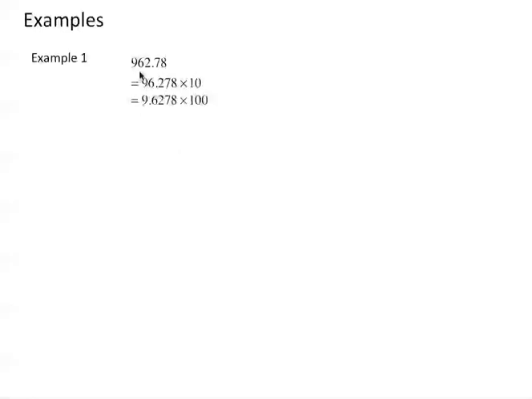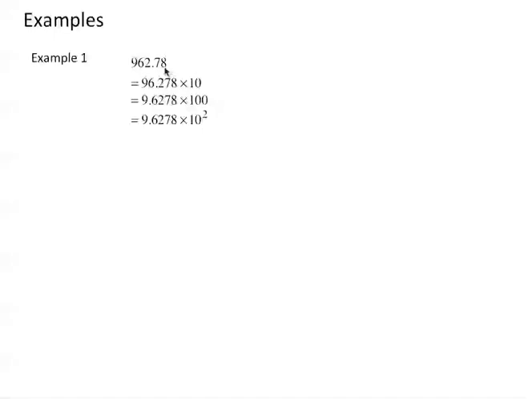Then 9.6278 times 100 is the same as 962.78. We all agree. Now the decimal's in the right place, and 100 is 10 to the power of 2. So we've now written 962.78 as 9.6278 times 10 to the power of 2. This is scientific notation.